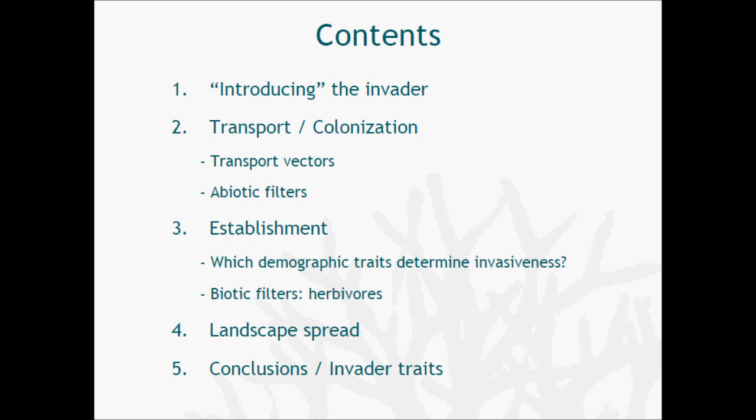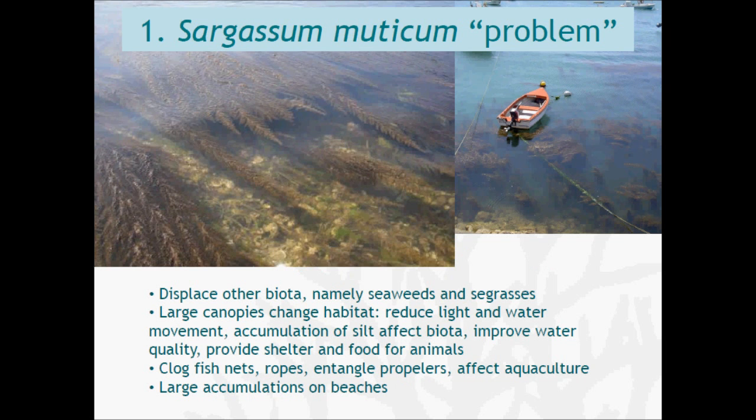An important thing to look at is what are the demographic traits of the population that result in invasiveness, and the interactions with the biota. So the biotic filters, which are the interactions, competition, and herbivory mainly. And then the fourth phase of the invasion is the landscape spread. And I'm going to talk about Sargassum muticum, focusing on all these points.